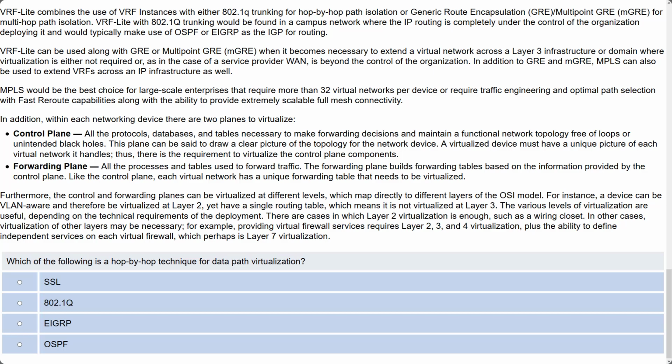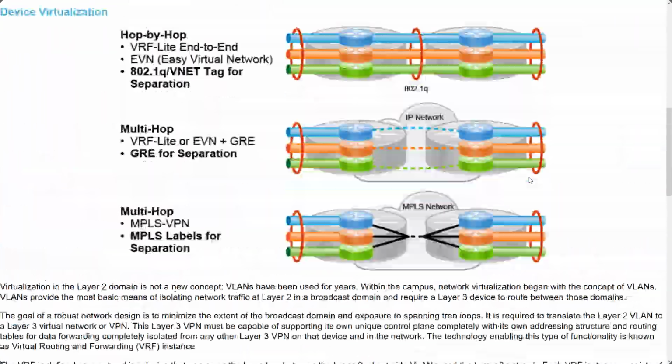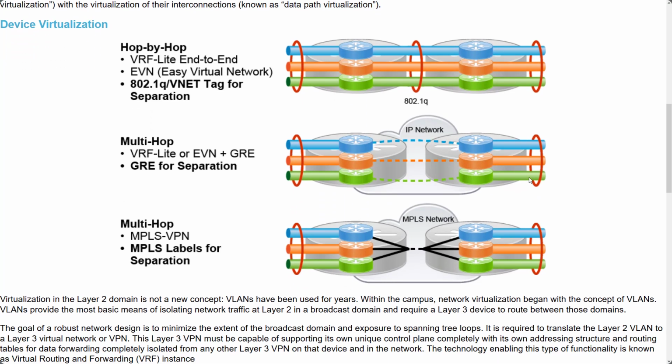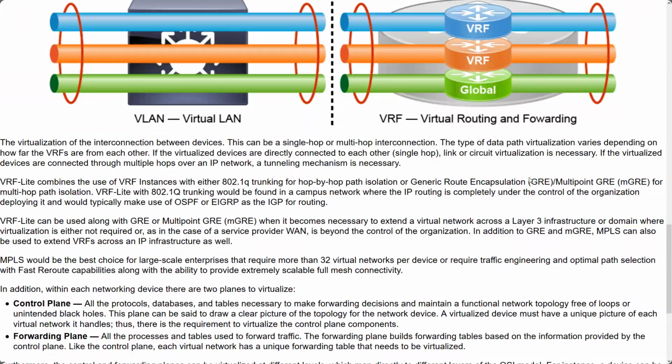So we'll get into that in a lot more detail a little bit later on. Like I said, there are many different instances or concepts here. The data path virtualization, again, we want to focus on whether this is a single or multi-hop technique.